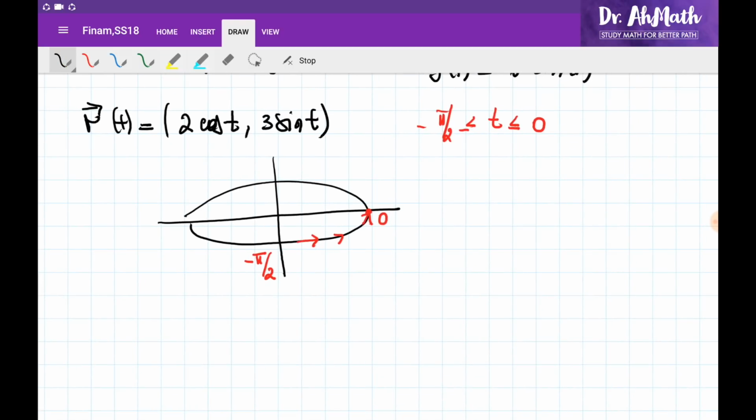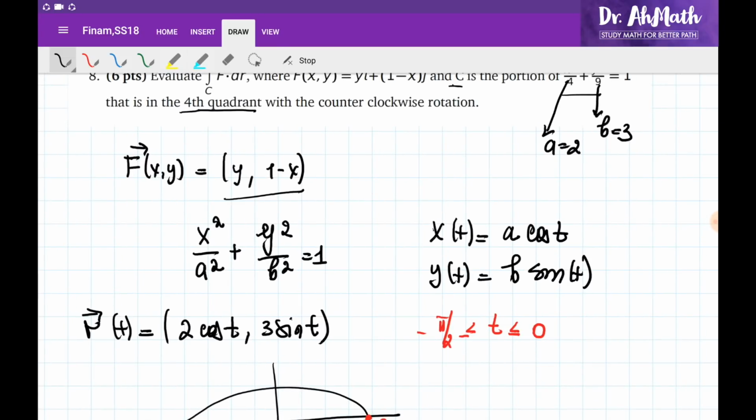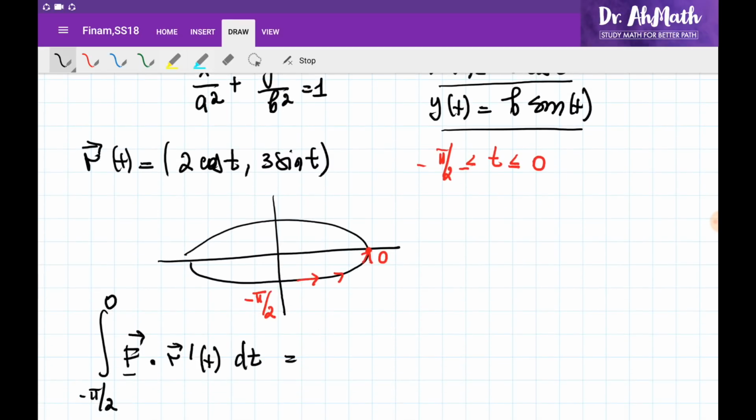So we can write down the line integration in the vector field as a dot product of F with r prime of t, and we need to integrate this with respect to t from minus pi over 2 until 0. When we substitute F with this function, we need to be careful because we have to substitute y and x with these equations.